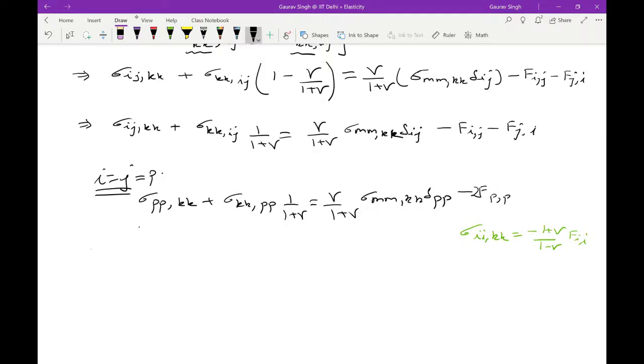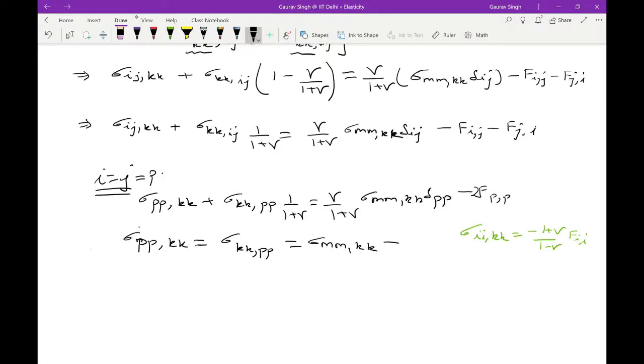Now sigma pp comma kk should be equal to sigma kk comma pp should be equal to sigma mm comma kk.